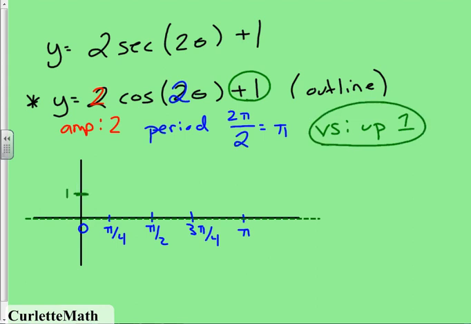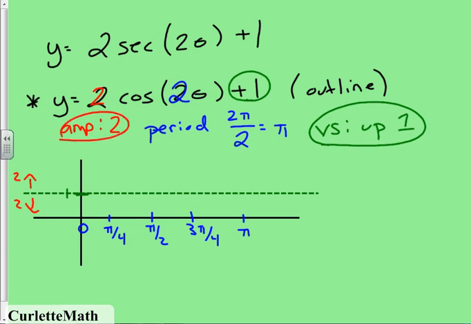So I have to go up to 1, and I've got to take this vertical shift line and drift it up to 1. From that midline now, I've got to go up 2 and down 2 because of my amplitude. So up to 2, up to 3, my top amplitude, down 1, down 2, negative 1 being my bottom amplitude.